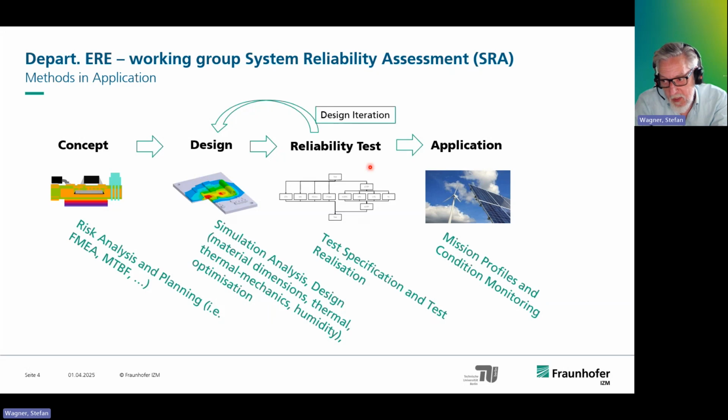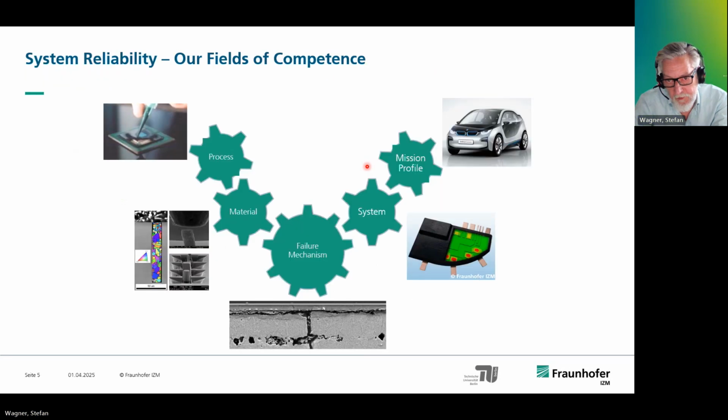We support the test phase by developing test specifications and carrying out tests. And we develop and analyze mission profiles and develop condition monitoring strategies from an application perspective.